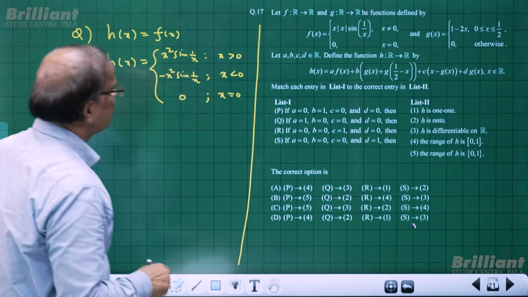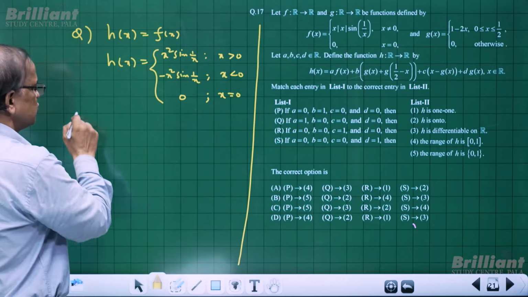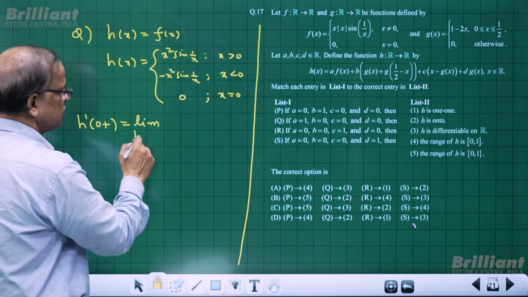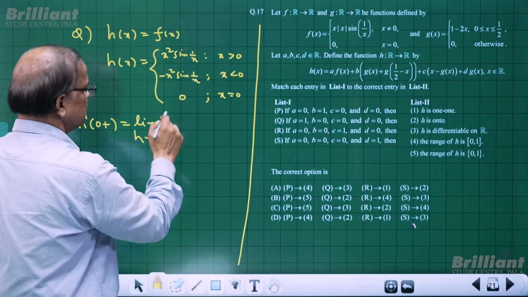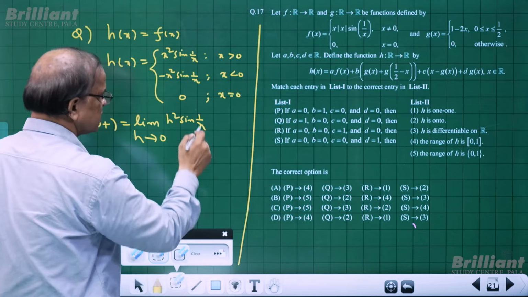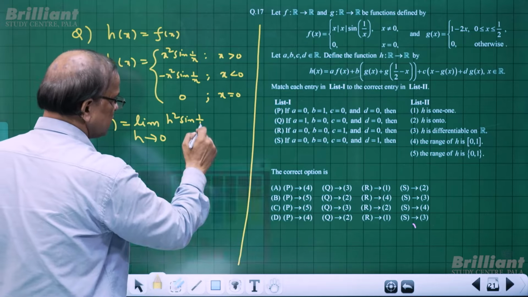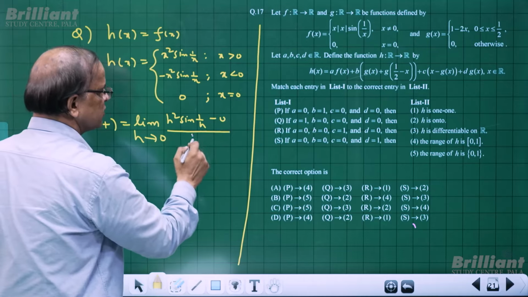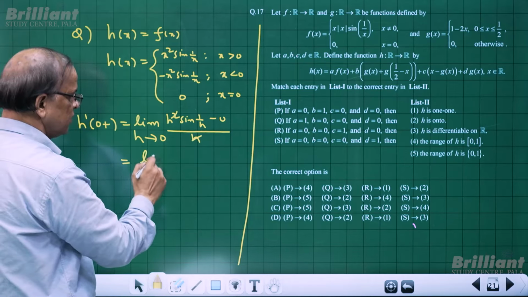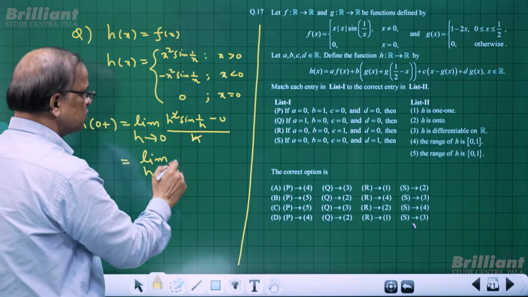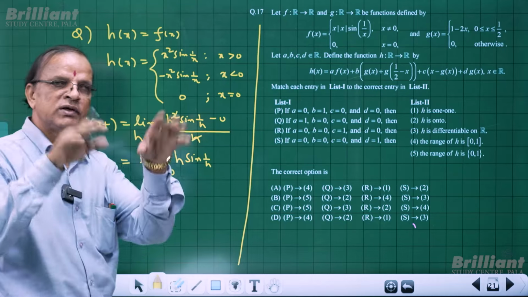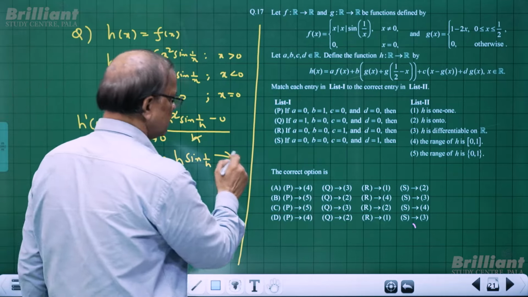So, H dash 0 plus is limit h tends to 0 of (h square sin 1 by h minus 0) by h, h cancels. So that is 0, the right derivative exists. So, h into sin 1 by h, because sin 1 by h lies between minus 1 and plus 1, this tends to 0.